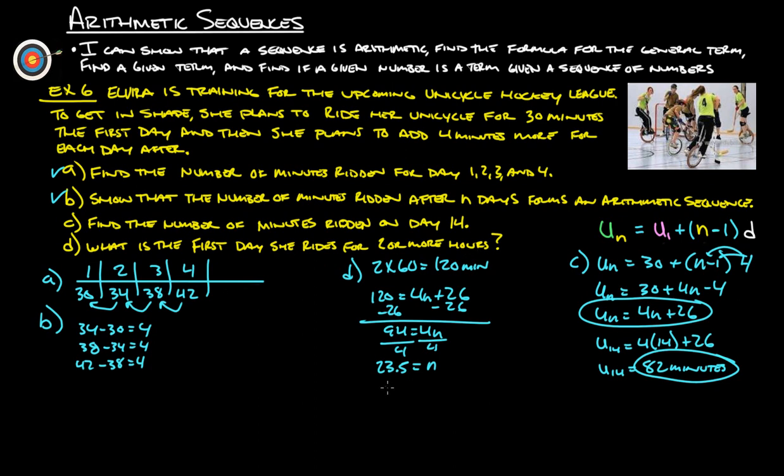So we have to make sure n equals 24. We plug 24 into our U sub n formula: the 24th term is 4 times 24 plus 26.